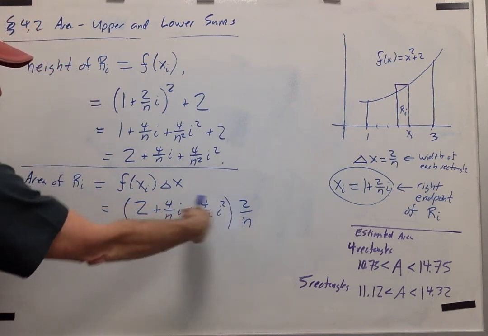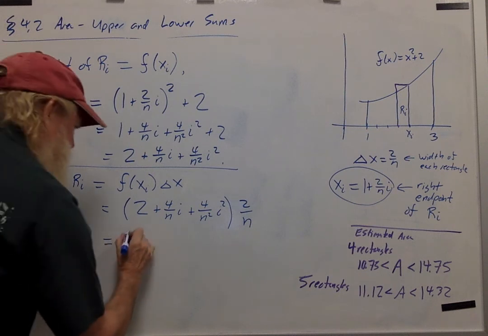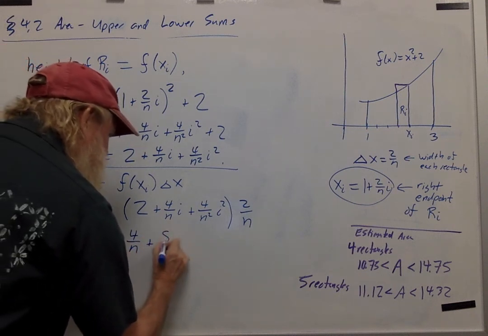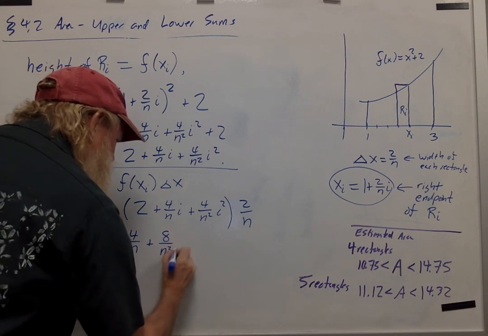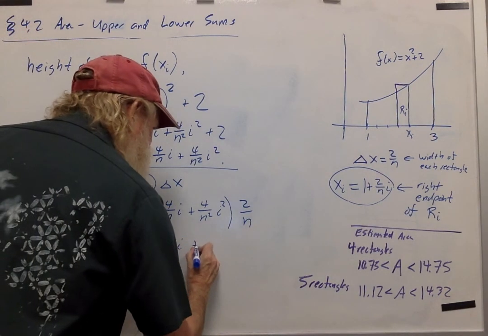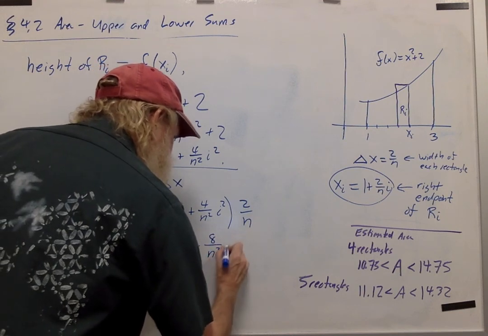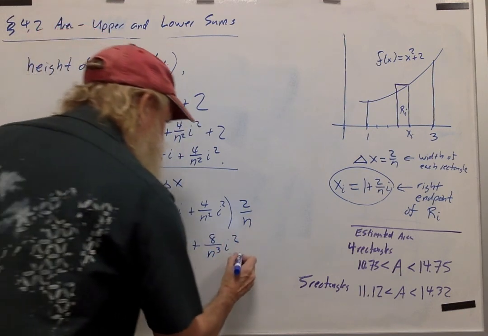And let's distribute that 2 over n. That gives us 4 over n plus 8 over n squared i plus 8 over n cubed i squared.